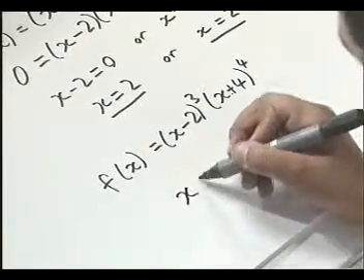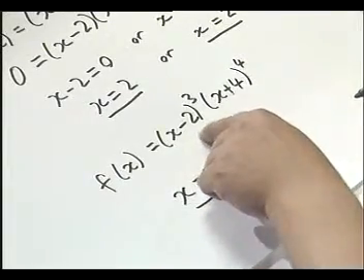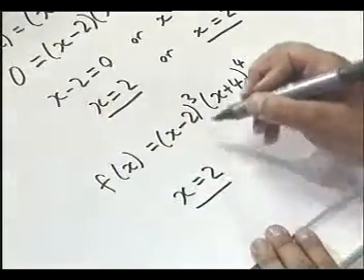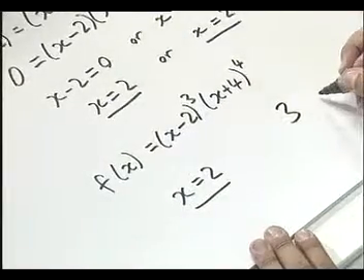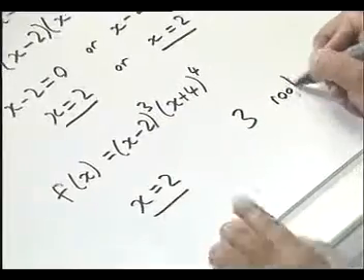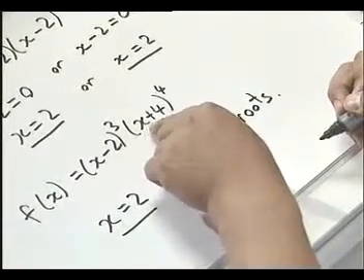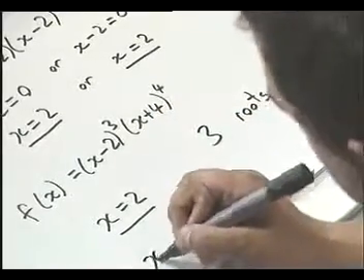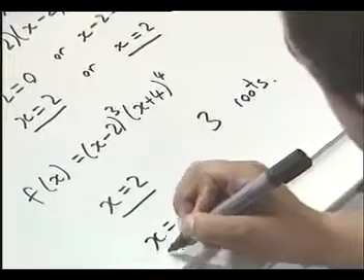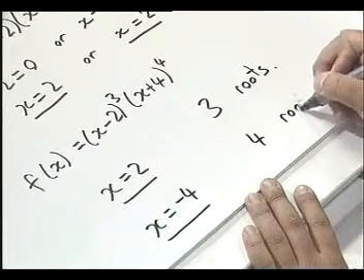So x equals 2 is one root, and actually there are 3 of those because it's cubed. So this has a repeated root, but 3 of them. But also we can see that if x is minus 4, then this bracket will be equal to 0. So x equals minus 4 is a second root, and there are 4 of them there, so there are 4 repeated roots there.